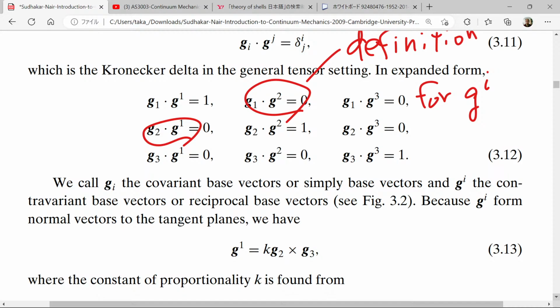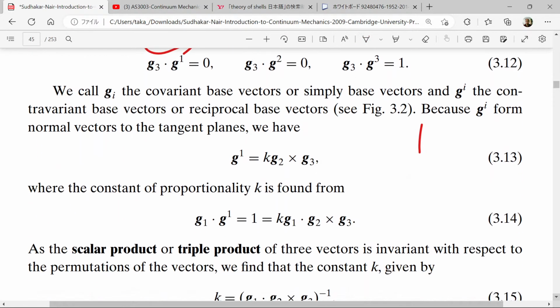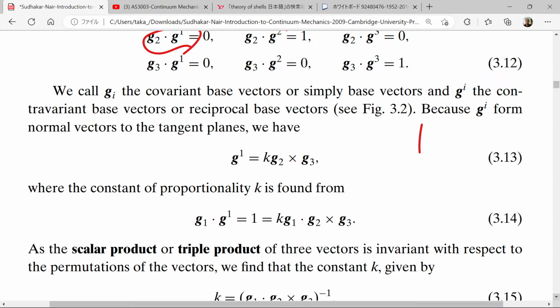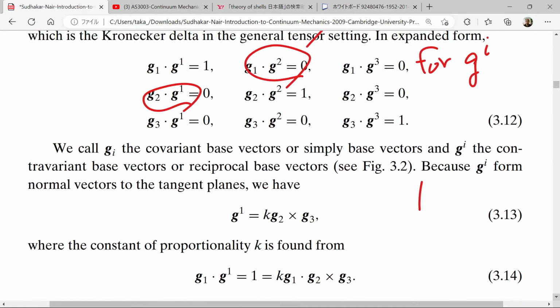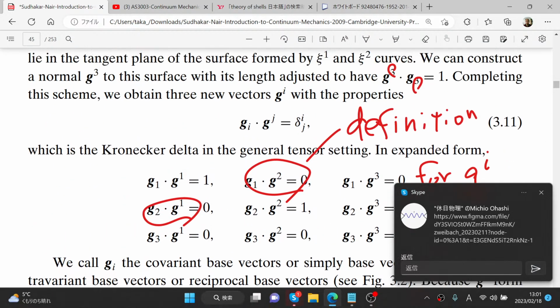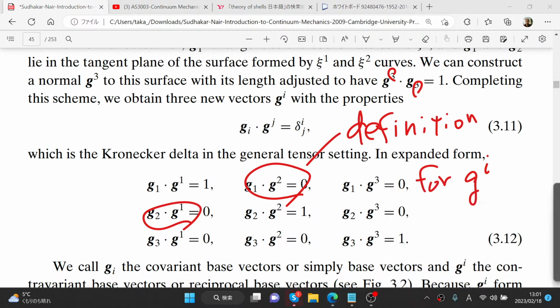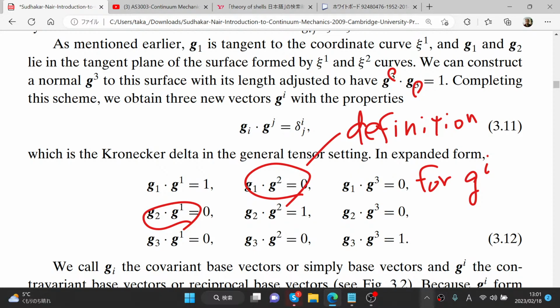We have a normal vector to the tangent plane, where the constant of proportionality k is found from something. Let me see. What does this mean? We have, strange. Let me see.